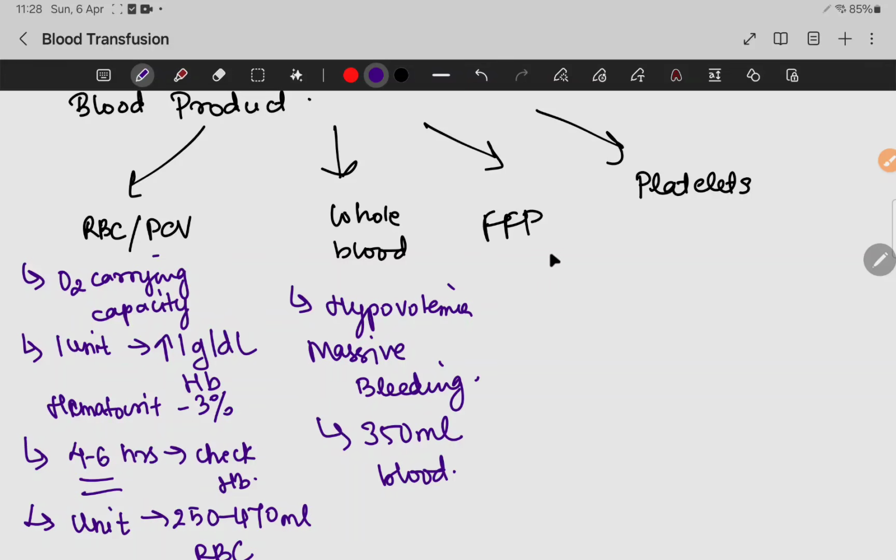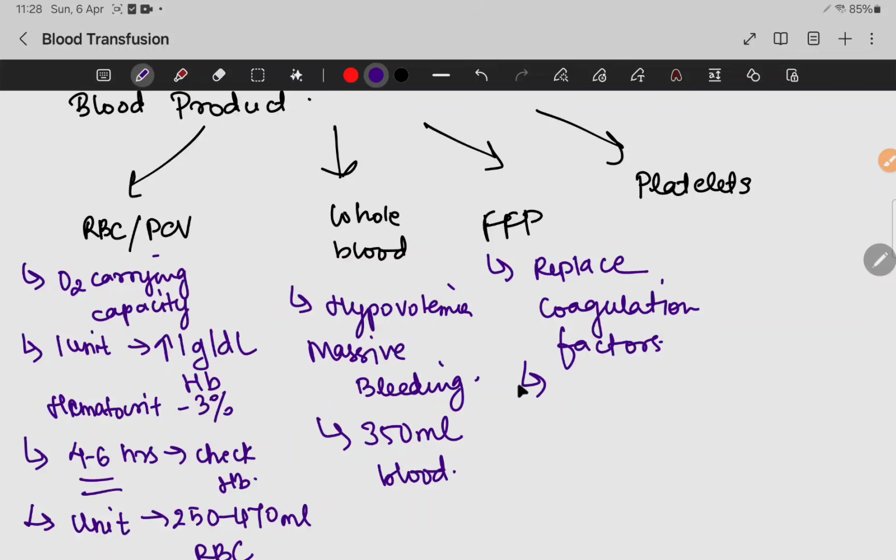Then we will see the fresh frozen plasma. So fresh frozen plasma is used to replace coagulation factors. Okay, coagulation factors. So it can be used in emergency for hemophilic patients.